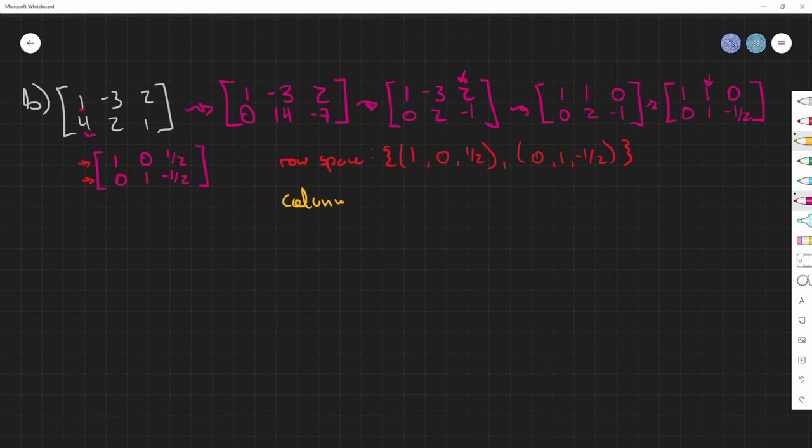Column space, is that how you spell it? Well, we first look at our leading ones, which would be right here and here, and then we correlate them back to the original matrix. So here and here, so that'll be 1, 4, and -3, 2.